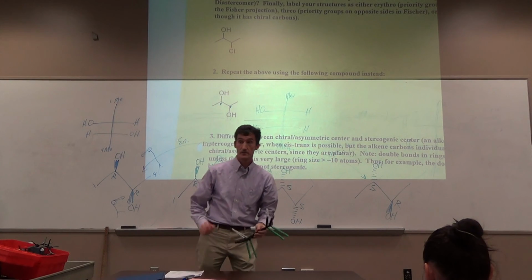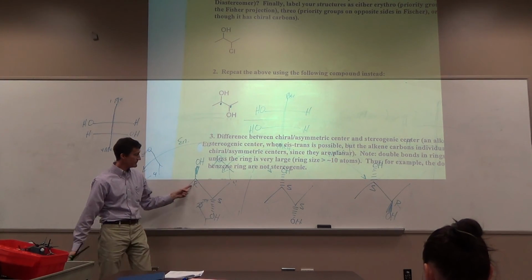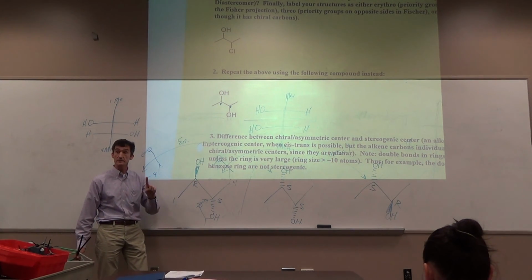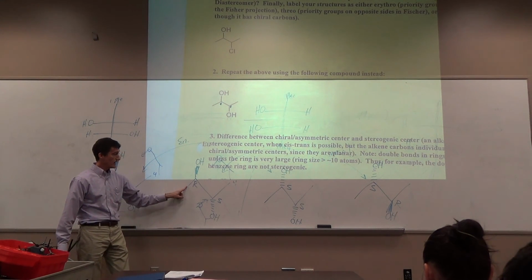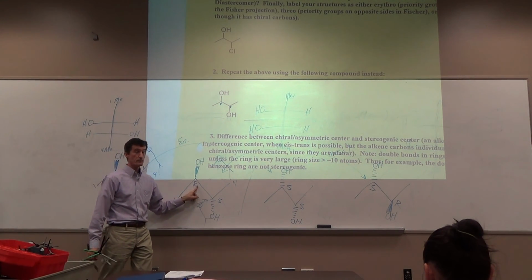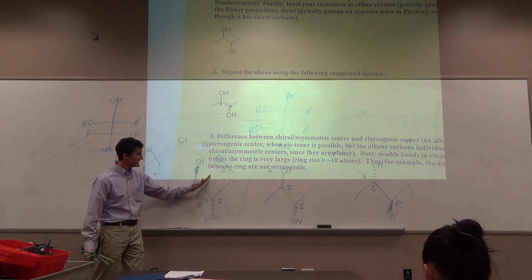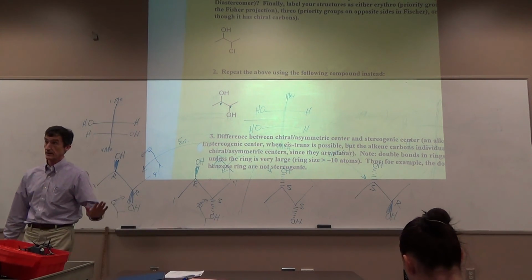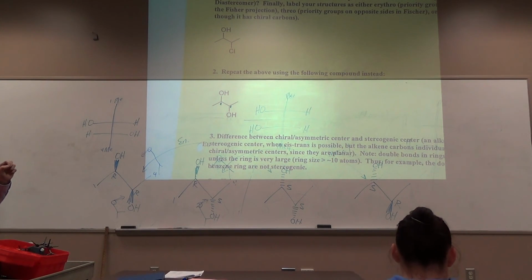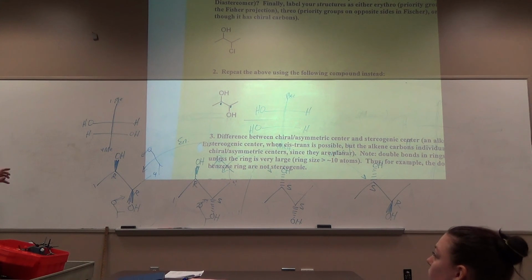It's achiral. What we have here is a compound that has 2 chiral centers. Yes. But the mirror image is the same thing because it actually still has a plane of symmetry. A compound that has chiral centers yet is achiral as a whole is known as meso. It's not optically active. It's not chiral.